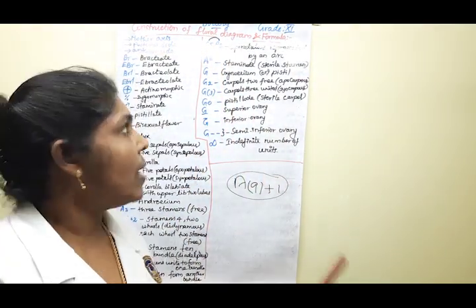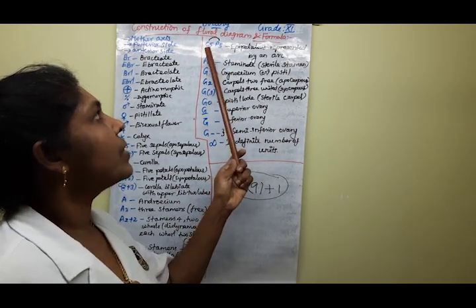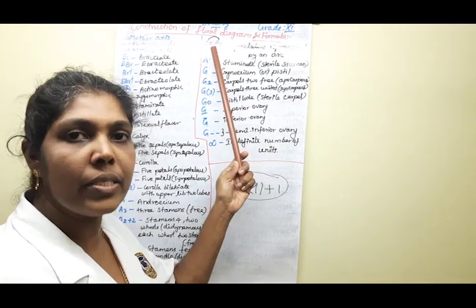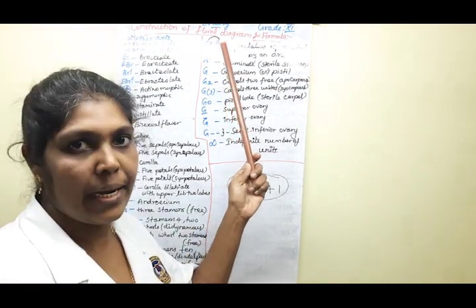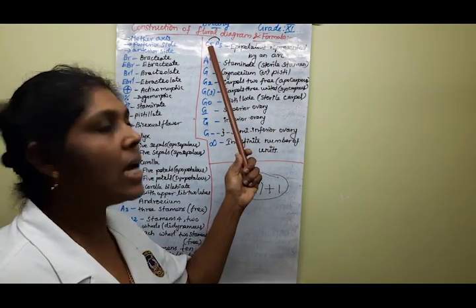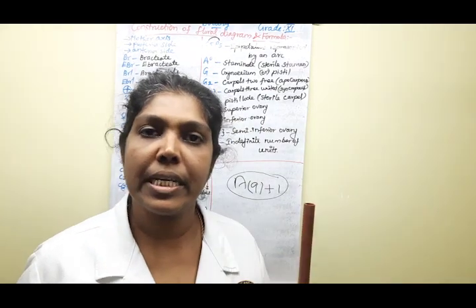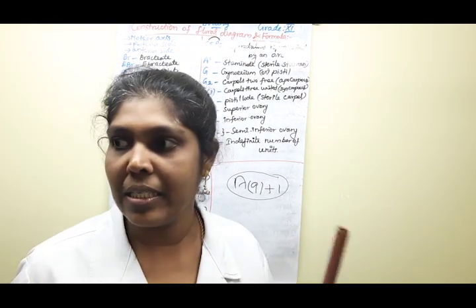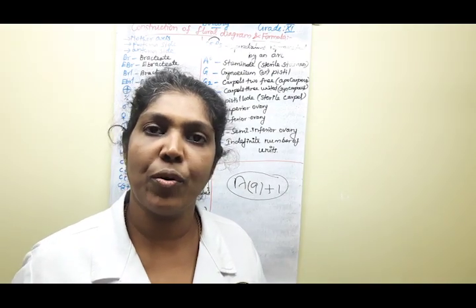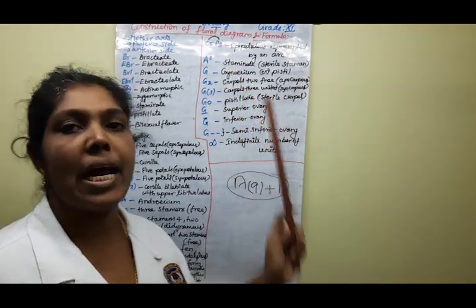Understood? From this floral formula, here the stamens are attaching to the corolla region. So here we are writing epipetalous stamens. Clear? For the epipetalous stamens floral formula, you must draw an arc-like form.